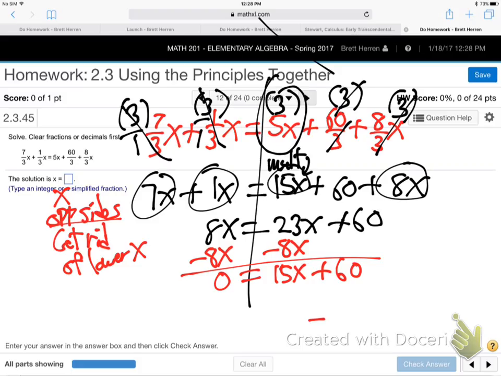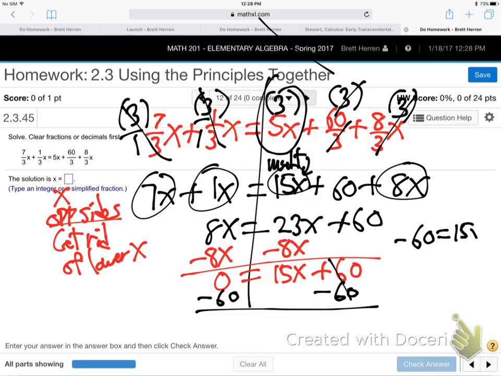Good to there so far? Now, we're still trying to get x alone. What do we got to do to get x alone? Yeah, x is saying, I want to be alone. So subtract the 60 from both sides. Boom. That's gone. And we get what? Negative 60 equals 15x.